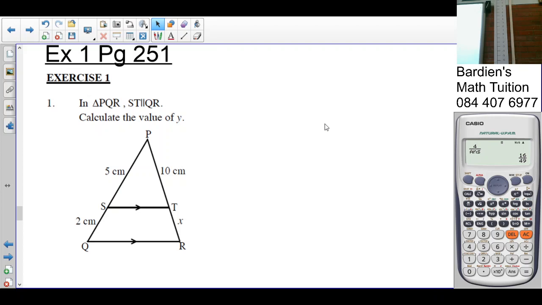We are told that in triangle PQR, ST is parallel to QR. Calculate the value of X.